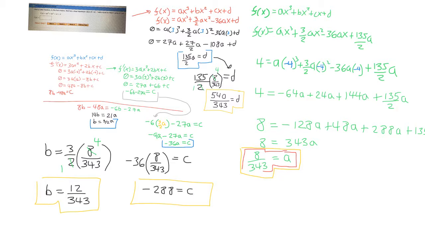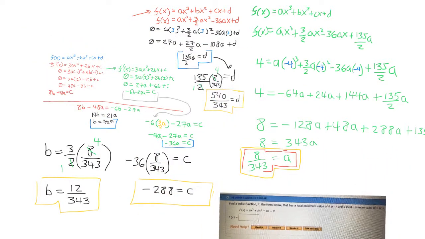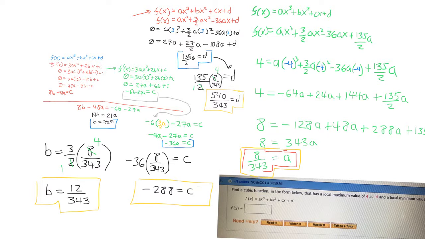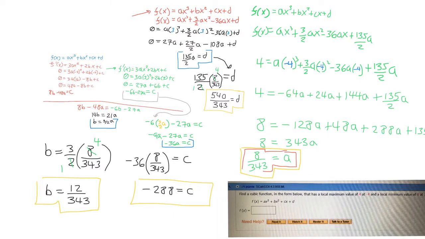We also know that the original function is of this form, where it's like A x cubed, B x squared, so on. So I'm pretty sure my student knows where this is going. All we have to do now is literally write the original function, only with A, B, C, and D where it belongs.